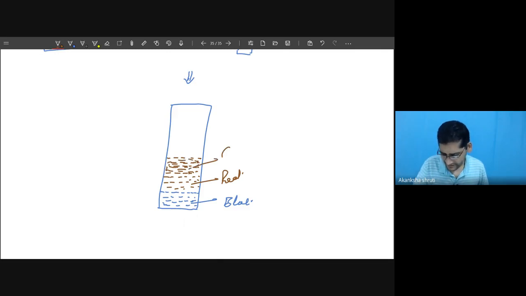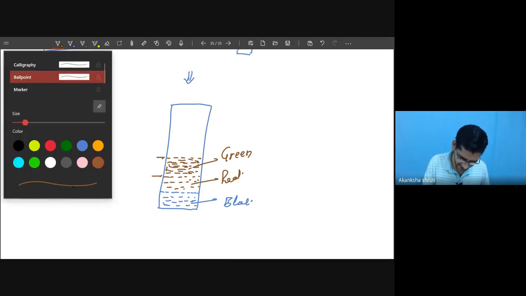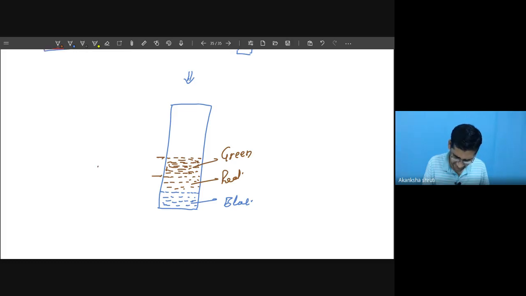Okay, students, so this way the purple and all the other colors are obtained in different regions. So whatever different regions are there, we can get different colors. So these three colors get separated over this paper.